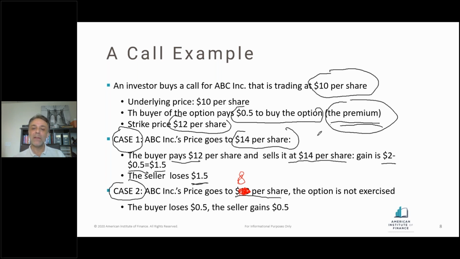The premium that you paid, the 50 cents, and the seller is going to gain the 50 cents, right? Again, this happens if the price is 10, 8, 11, et cetera. So there are many possibilities where you just spent 50 cents and the seller gained 50 cents.